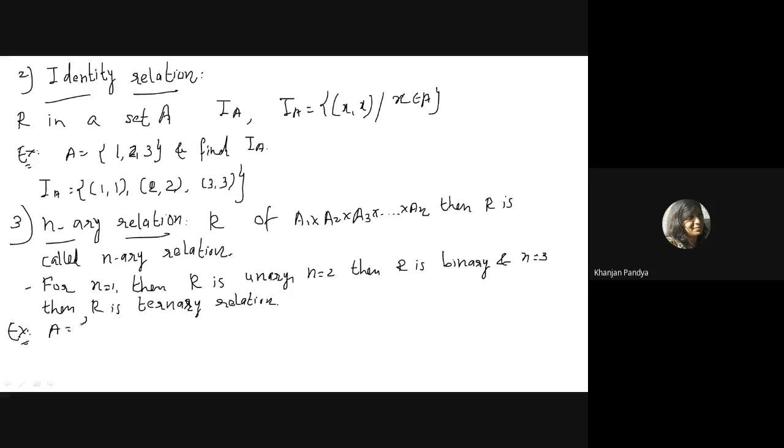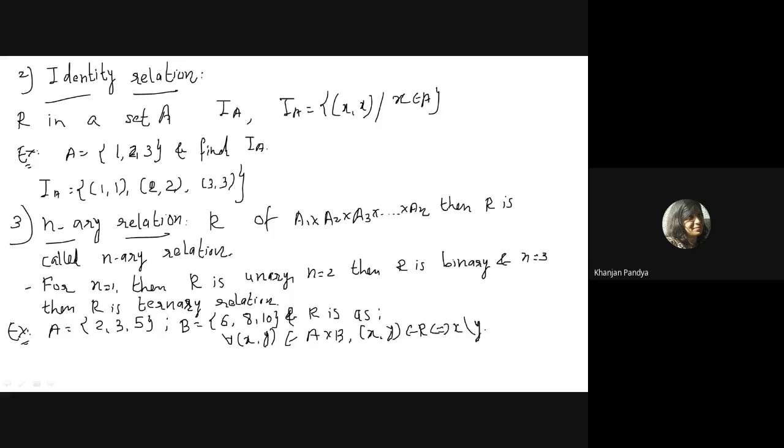Let A be equal to {2, 3, 5} and B be equal to {6, 8, 10}, and relation R is as follows: for every (x, y) belonging to A cross B, (x, y) would be in R only if x divides y.